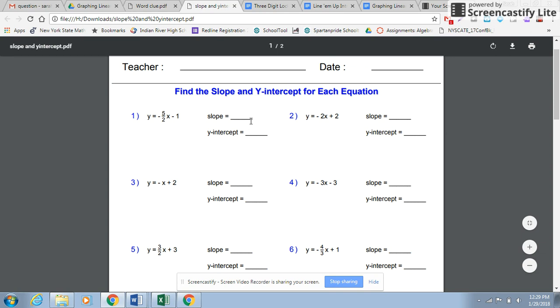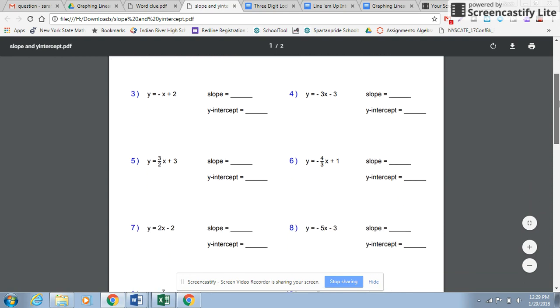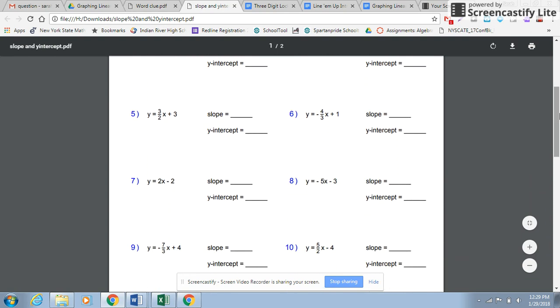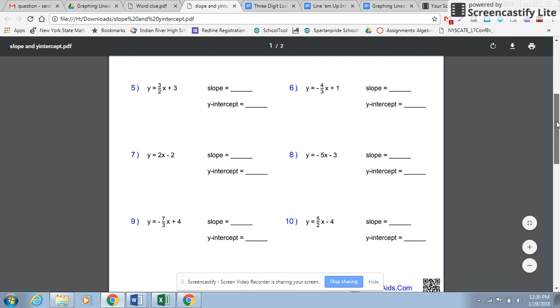So I used the invisible ink to basically circle this, which gives them the 5 and the 2. You could choose any of the others as well to get the 3 and the 4. I believe I used the y-intercept of number 8 and just highlighted that one because that gives us a 3, and then used the y-intercept of number 9, which gives me that 4. And so that's how I got the 4-digit code.